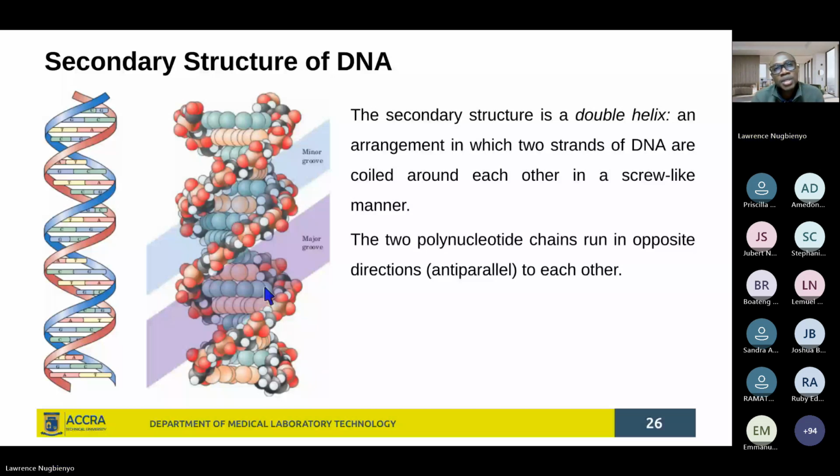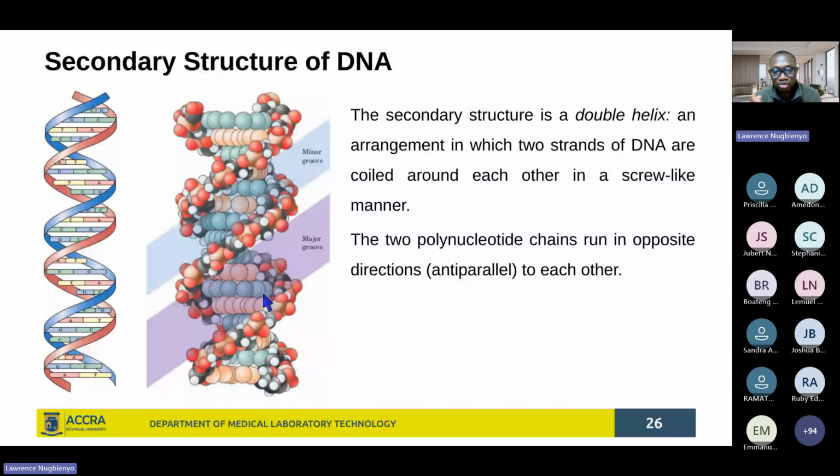Another thing you can also keep in mind is that we were referring to the 5' and the 3' ends. So we're looking at just one strand.